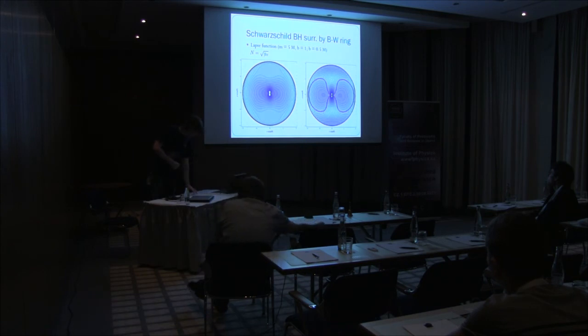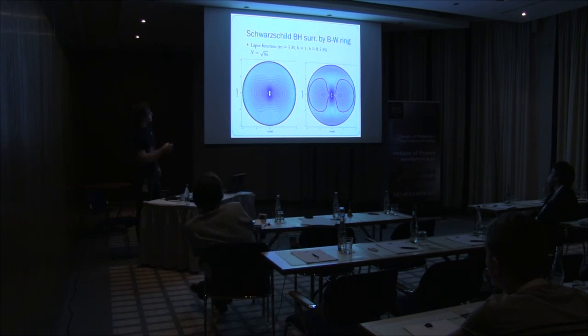And for now, here we have Lux functions for two different rings with different distances. The black line is the horizon of the Schwarzschild black hole. The physical singularity is at the 0 point, and the red line on the right picture is just the border where we need to use the new expression of the nu function.